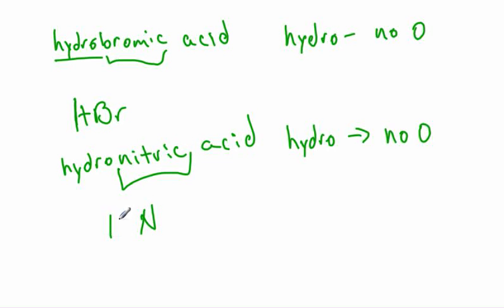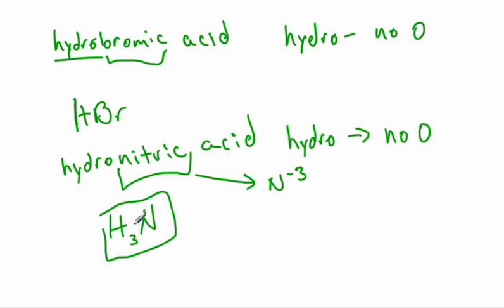It's an acid, so it starts with H. Nitride, you look on your ion sheet, is N-3. And so that means we have to crisscross the charge. The -3 is going to crisscross and go down as the subscript for the hydrogen. So it's H3N. That's hydronitric acid. Different from nitric acid. Has hydro in there, meaning it's just from the nitride ion.